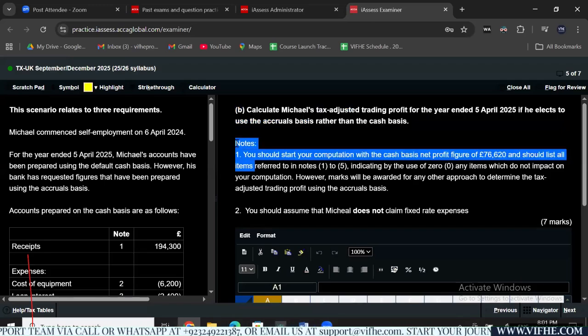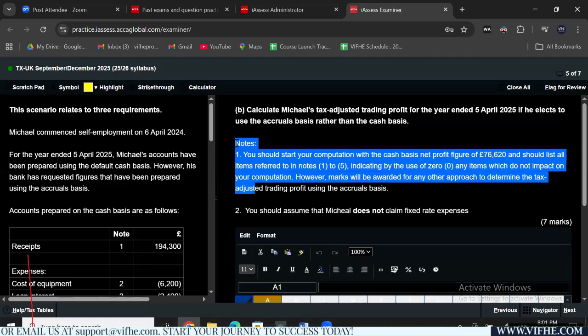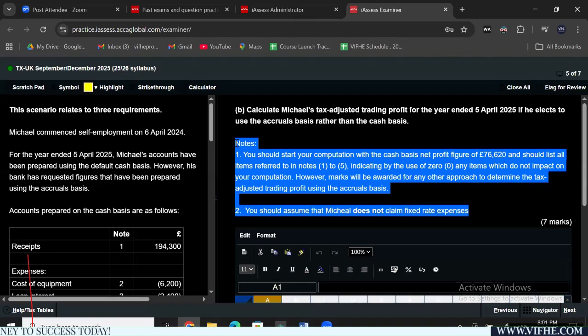Number one, you should start your computation with the cash basis net profit figure of 76620 and should list all of the items in notes 1 to 5, indicating by the use of 0 any items which do not impact on your computation. However, marks will be awarded for any other approach to determine the tax adjusted trading profit using the accruals basis. And you should assume that Michael does not claim the fixed rate expenses. Okay.